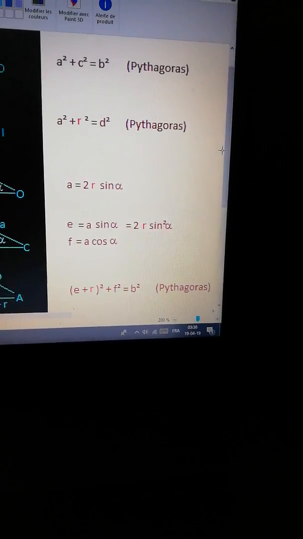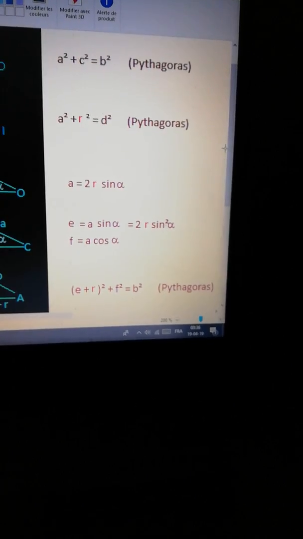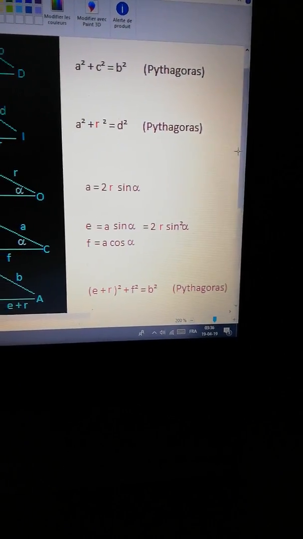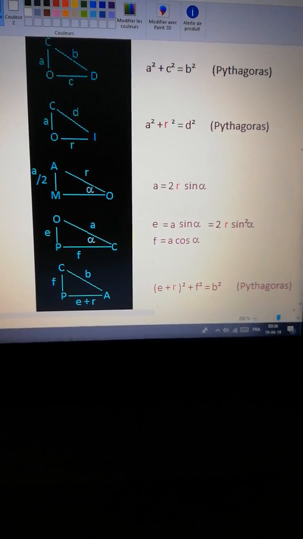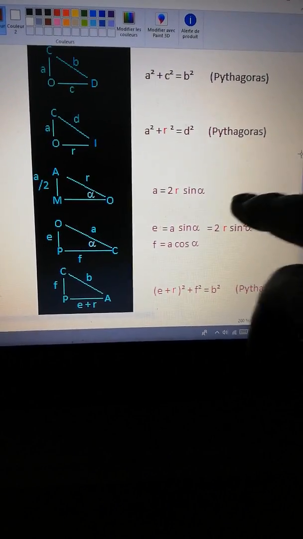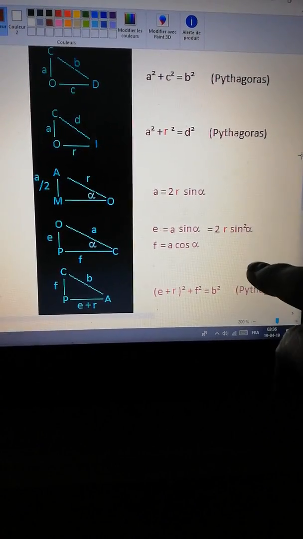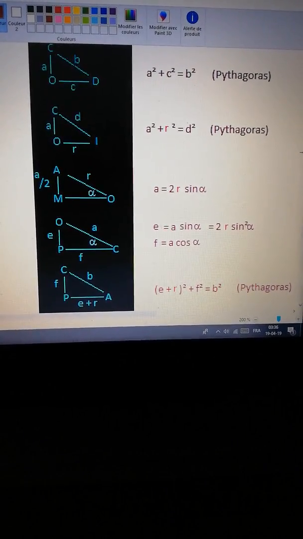Pythagoras I have used as an expression for 3 of those triangles, and for 2 triangles I have the angle alpha involved, and there I will express sine alpha or cosine alpha for some sides.